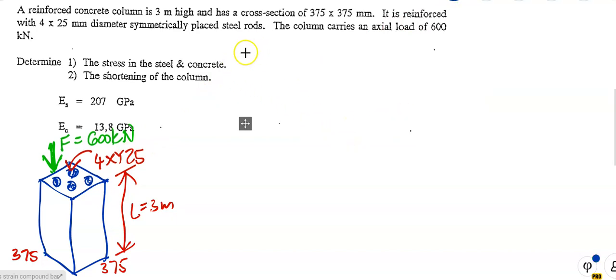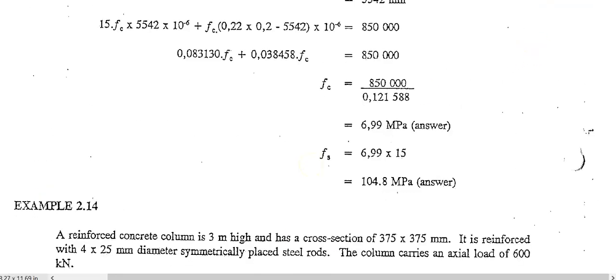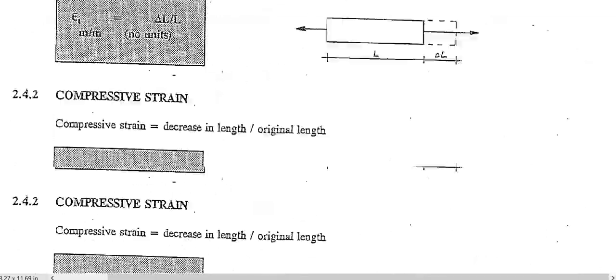Alright, let's say number A. I'll do it over here. Right, so I'm going to state the formula. So we know that the stress in the steel over the stress in the concrete is equal to E of the steel over E of concrete.